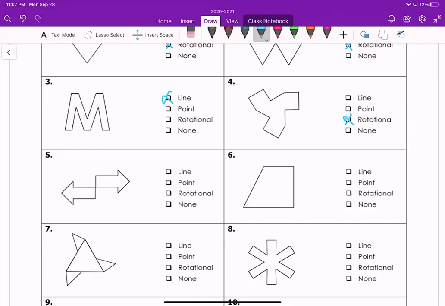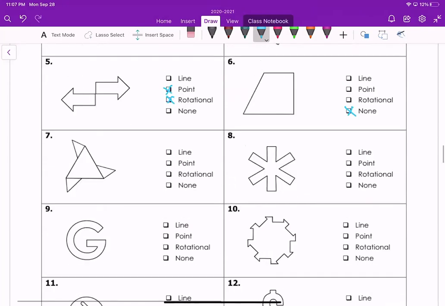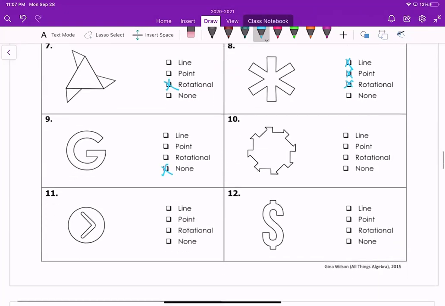And let's see, 5 and 6. We have point rotation. We have none over here. Let's see, 7 is rotational. And then the next one is all of them. So hopefully you guys are seeing the pattern. I know I'm kind of repeating myself. That's all right. Something's gonna stick.